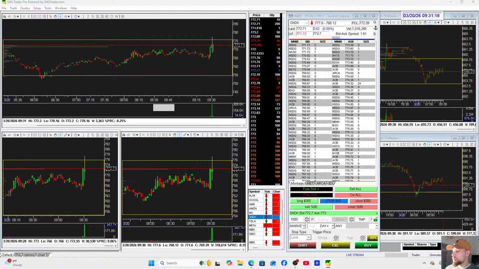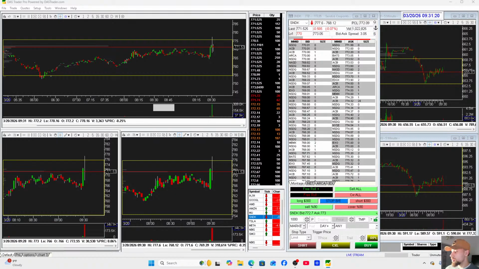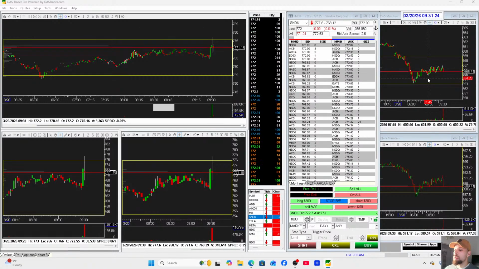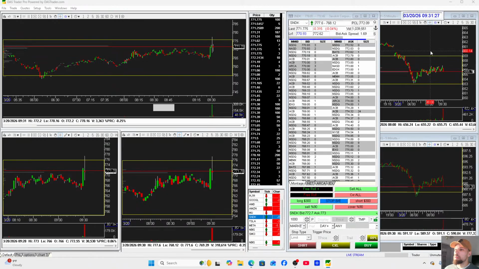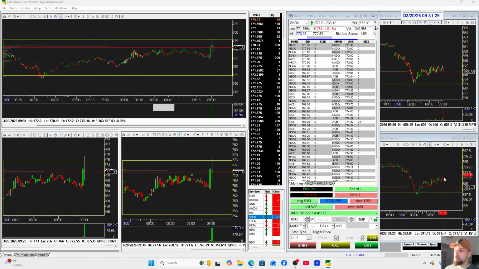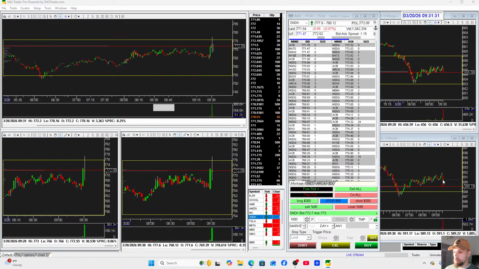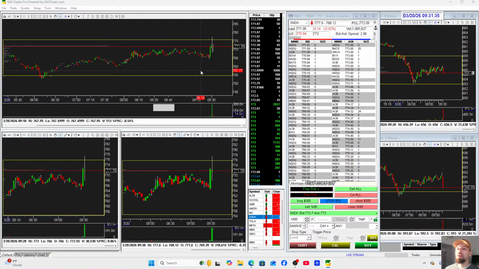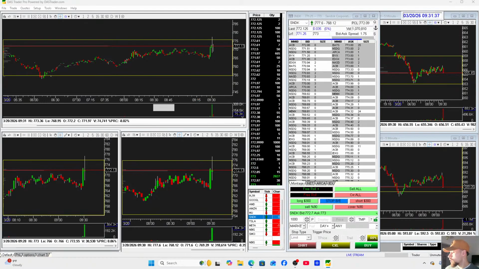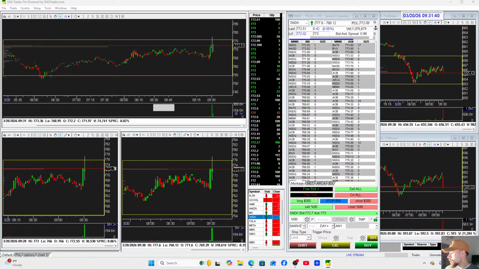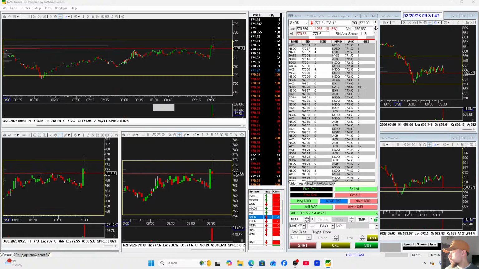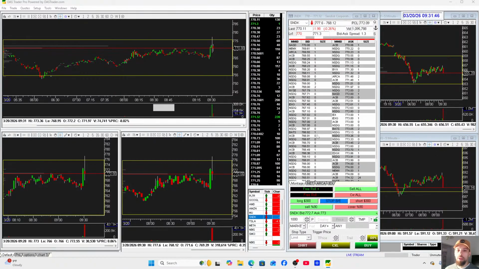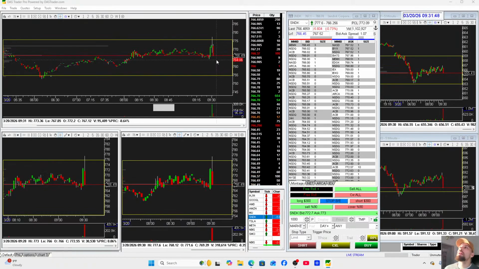MU broke down really aggressively. SPY looking a little more bearish. Qs look very bearish right now. Big red candle. Let's see, SanDisk.